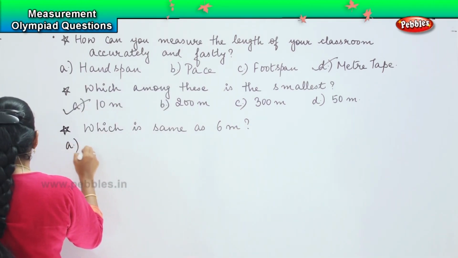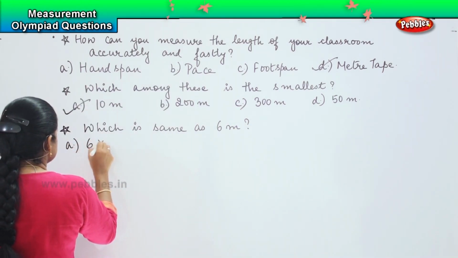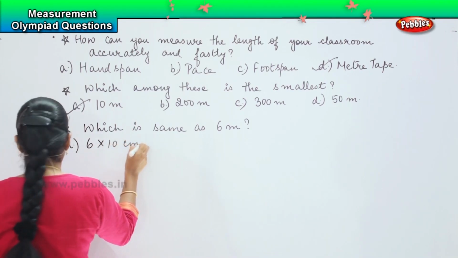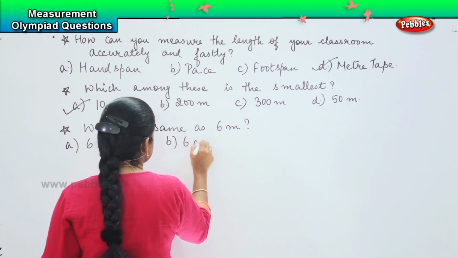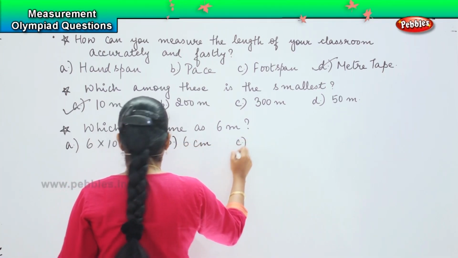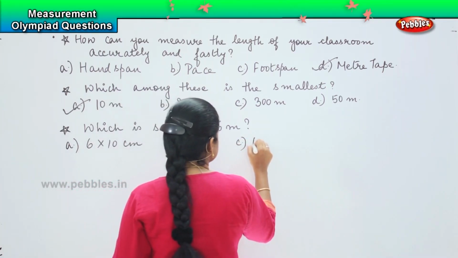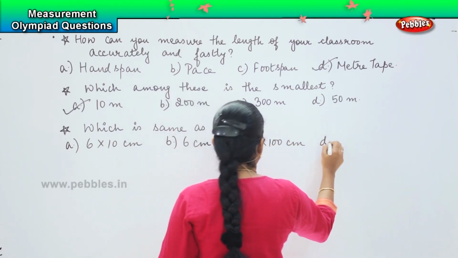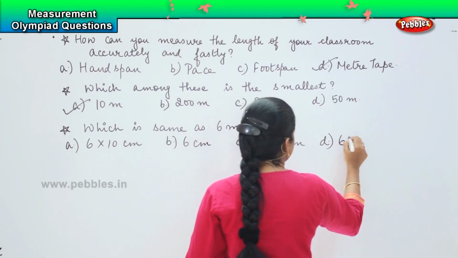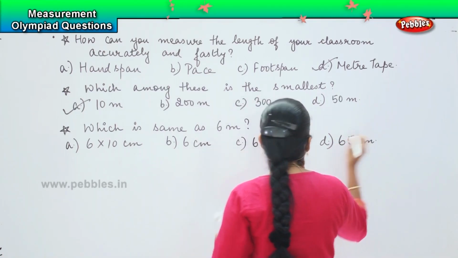And the options are option A 6 into 10 centimeter, option B 6 centimeter, option C 6 into 100 centimeter, and option D 65 centimeter.